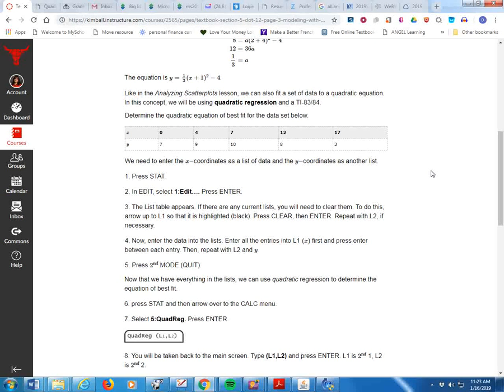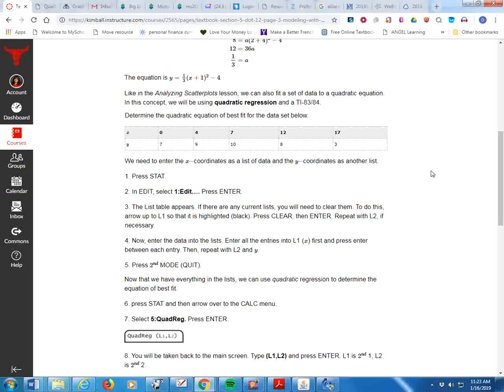Okay, so all we're going to do now is go back to Stat, do a second mode, which clears your screen. Go back to Stat, and now instead of Edit, go to Calc, and then scroll down until you see quadratic regression. Second mode clears your screen. Then go to Stat, the same button you did to put your list in.